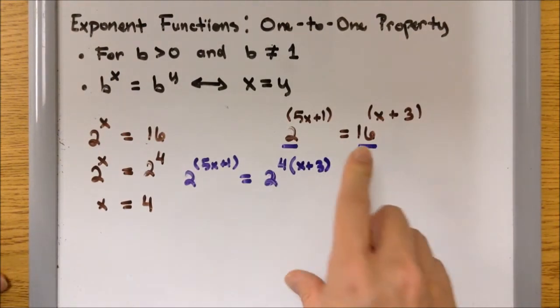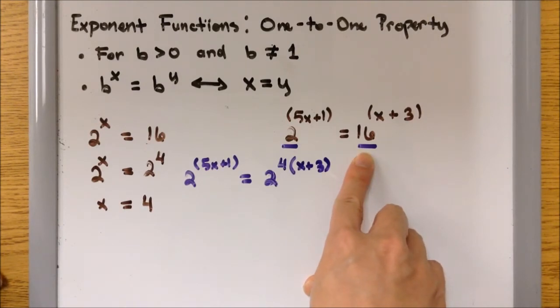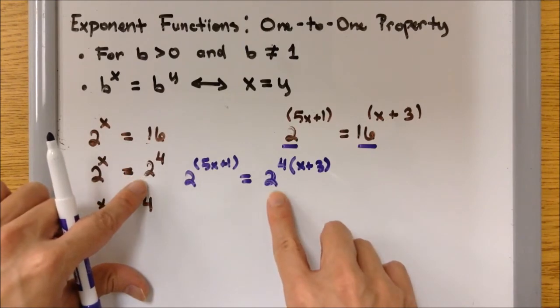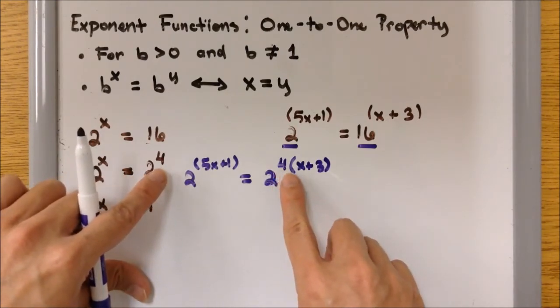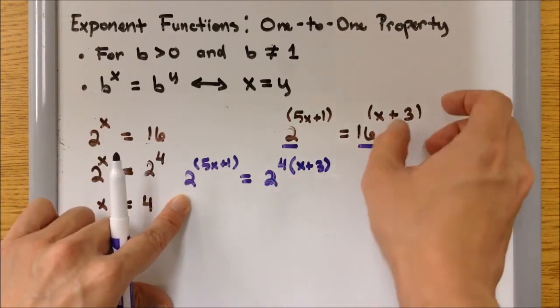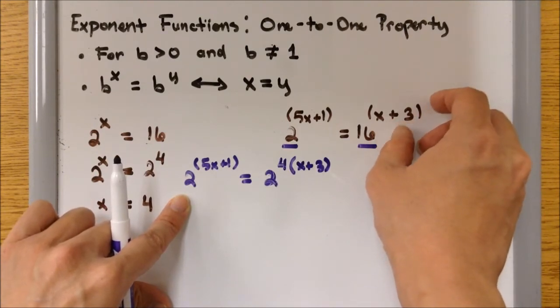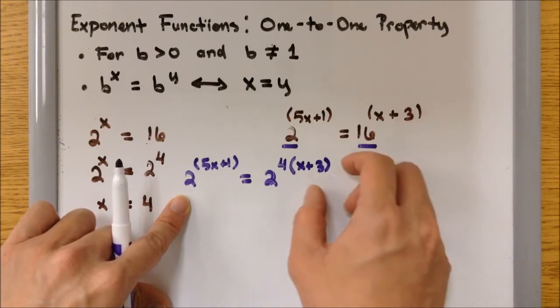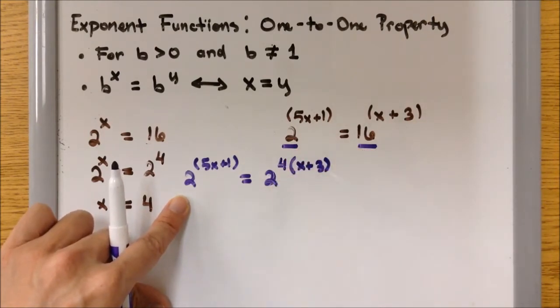So I converted 16 into the smaller base, 2 to the power of 4. What's different in this example is I included the exponent on the right side, x plus 3, because it was in the original problem, and put it next to the new exponent 4.